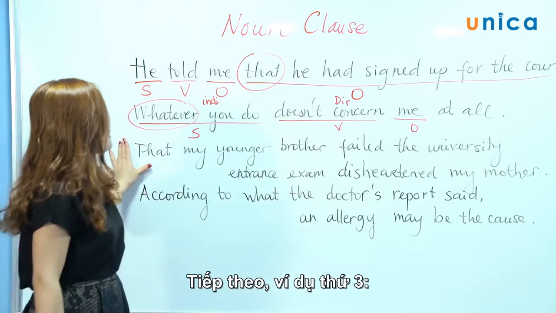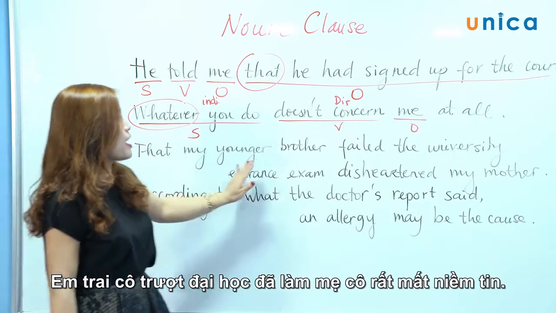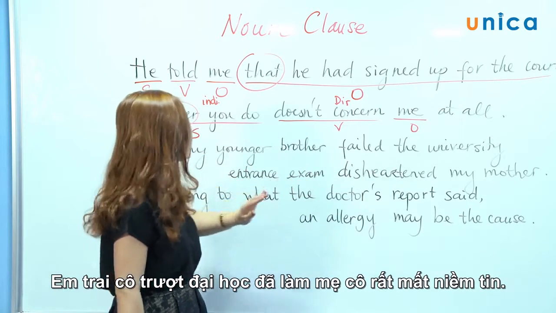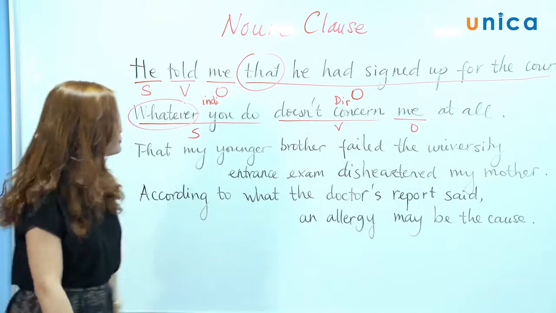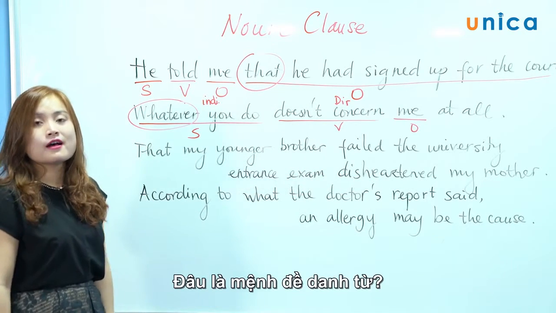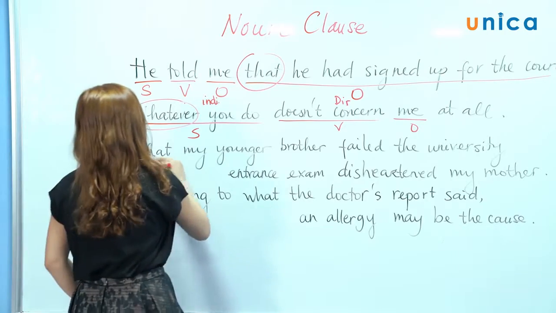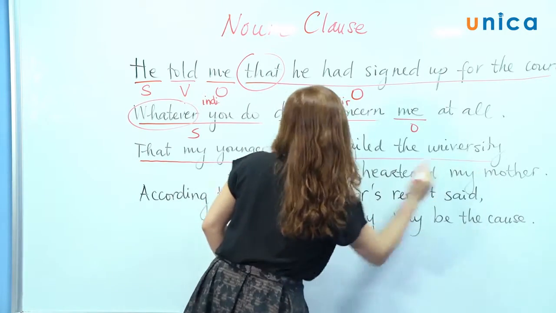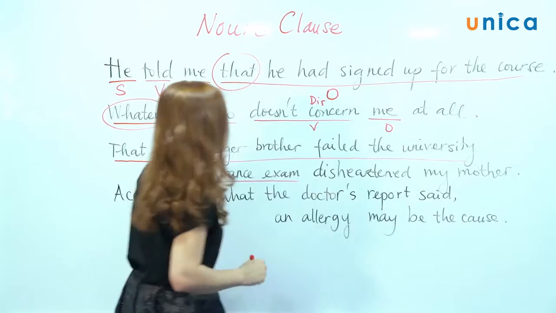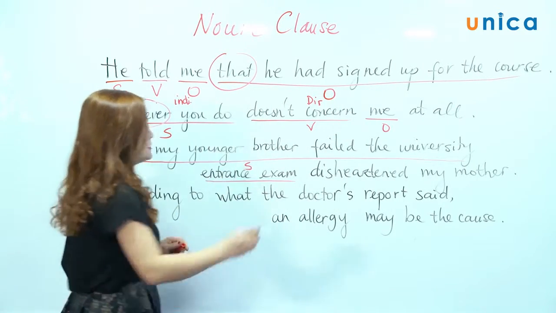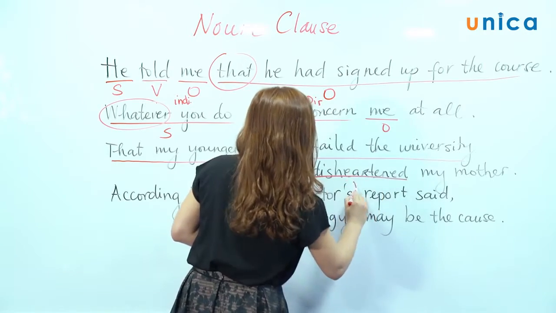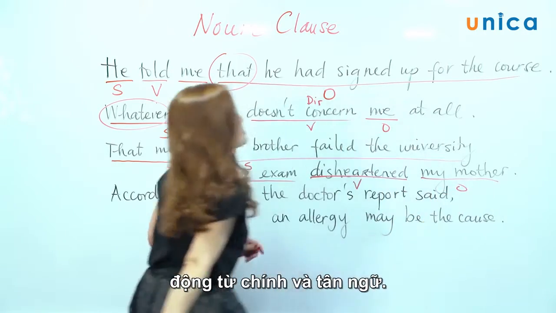And the third one: that my younger brother failed the university entrance exam disheartened my mother. Where is my noun clause? This one. That my younger brother failed the university entrance exam. The subject of the sentence. And then main verb and then object.